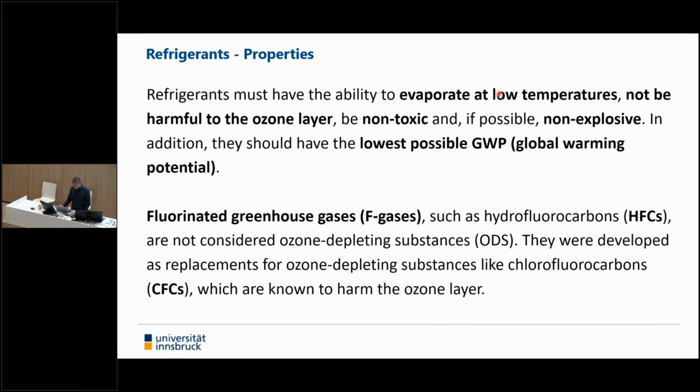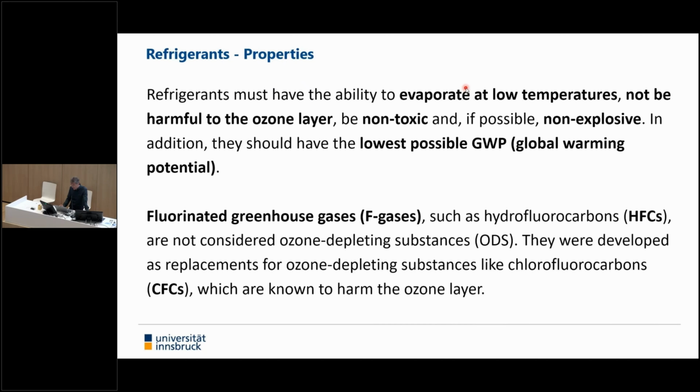But it has to have different properties. First of all, as already mentioned, it has to evaporate at low temperatures, but it shouldn't be harmful to us, but also not to the ozone layer. It shouldn't be toxic. It should be not explosive if possible. And in addition, they should have the lowest possible GWP.